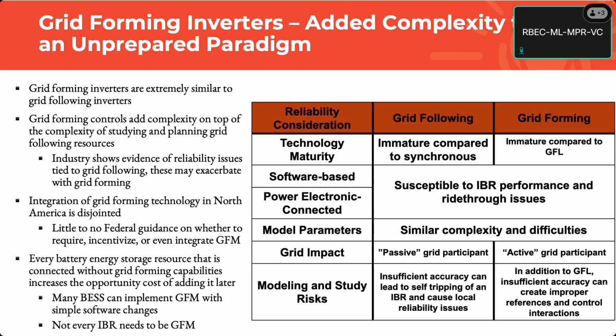But the important thing also is that not every single inverter-based resource needs to be grid forming. I did a grid forming panel at a conference in Berlin, and we got into a 30-minute argument between academics and industry folks about whether 100% grid forming is either possible or good. There are obviously varying opinions there. But the key consideration is that if you're 100% IBR, you need something to give a reference, right?